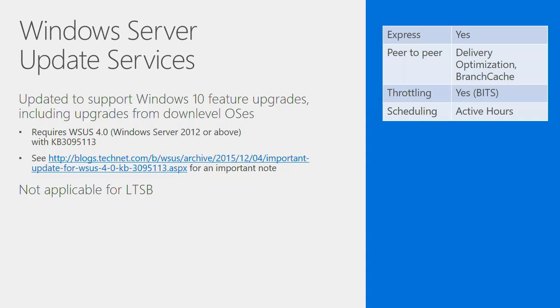So to upgrade from one LTSB release to another, which is kind of a strange thing to do anyway, because you basically said you want a device that never changes and then you want to upgrade it to the next release. But if you wanted to do that type of upgrade, you had to do it from media.